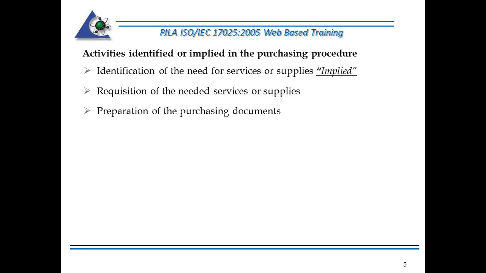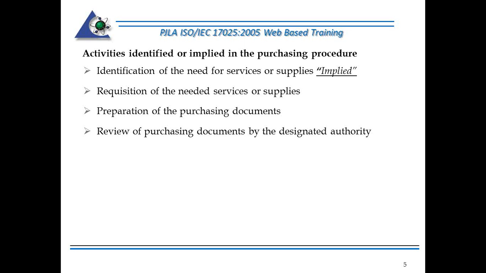Then preparation of the purchasing documents. And the reason this is separated is because there's a follow-up activity that is going to come here. Review of purchasing documents by the designated authority. The standard doesn't say that this has to be the person who requisitioned the service or the supplies, but it does have to be someone who is designated to do this activity.